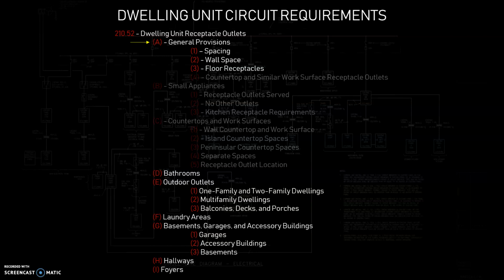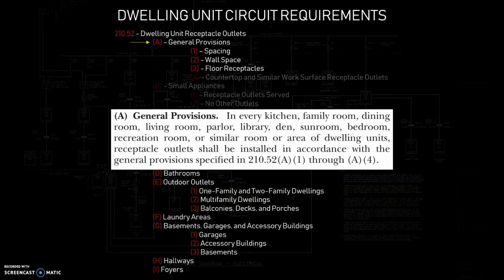So let's jump in here. 210.52(A), general provisions. This comes right out of the code book, so again, please follow along. In every kitchen, family room, dining room, living room, parlor, library, den, sunroom, bedroom, rec room, or similar room or area of the dwelling, receptacle outlets shall be installed in accordance with A1 through A4, which are these code references here.